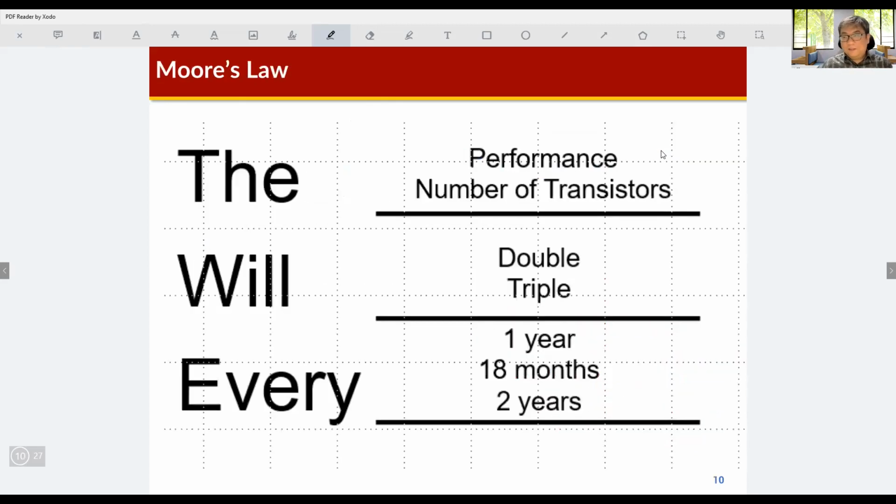Okay, then let's talk about some technology trends and then Moore's law. So what is Moore's law? I believe Moore's law is the most famous law in the computer architecture field.